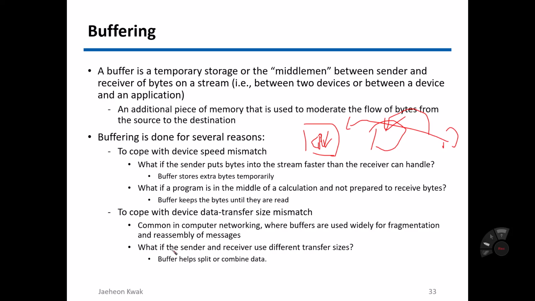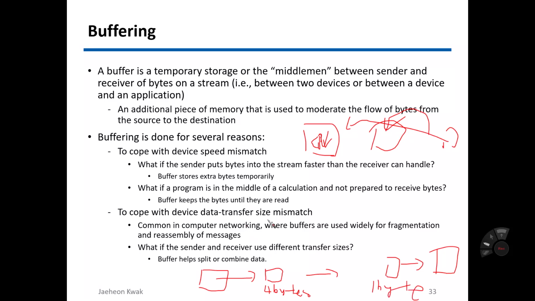And also the buffer can cope with device data transfer size mismatch. So it is very common in networking. So let's say a device wants to send some data per 4 bytes, and the receiver wants to take data per 1 byte.